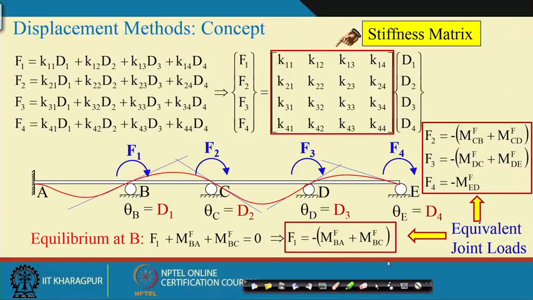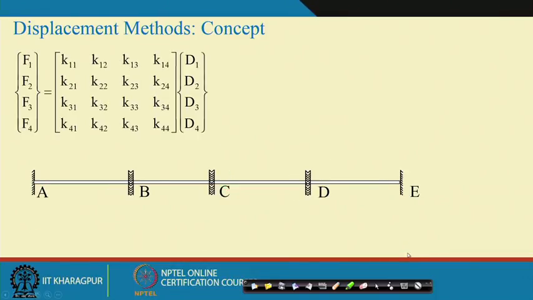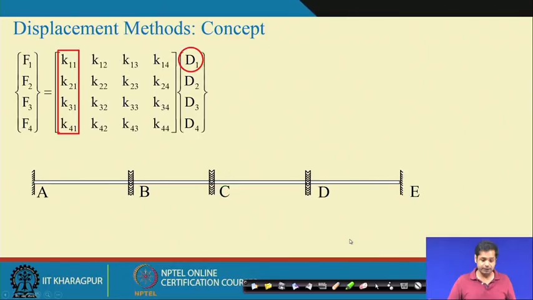Now, going back to my previous point, the physical interpretation of the stiffness coefficients. Okay, let us see what is the physical interpretation of this column. When K11 is multiplied with D1, it gives you F1.